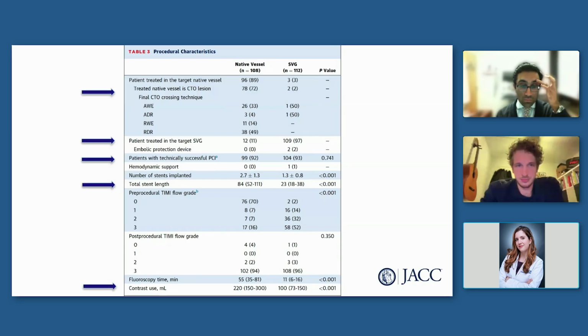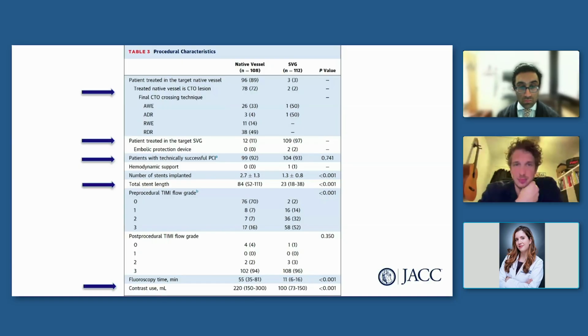And then I also wanted to point out the characteristics and the differences in both groups between stent length and contrast use specifically. So it's not surprising, given the CTO lesions, which can often be long lesions requiring a lot of stents, that there was increased stent length in the native vessel group.